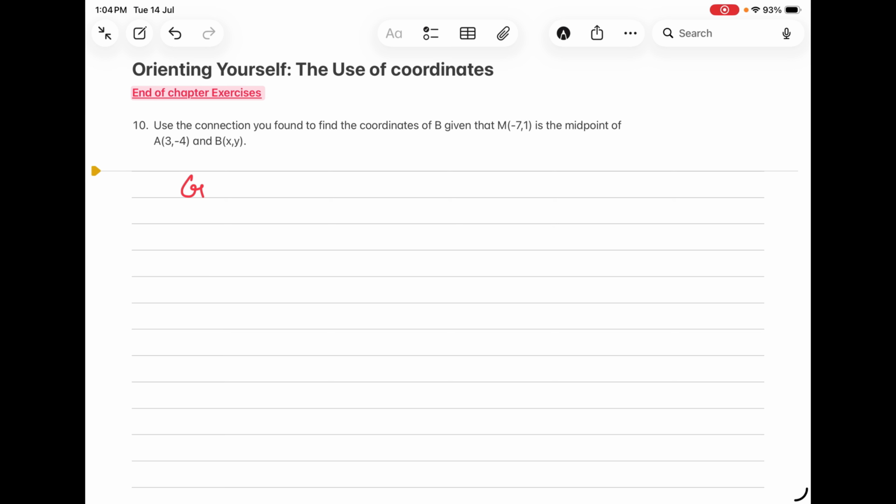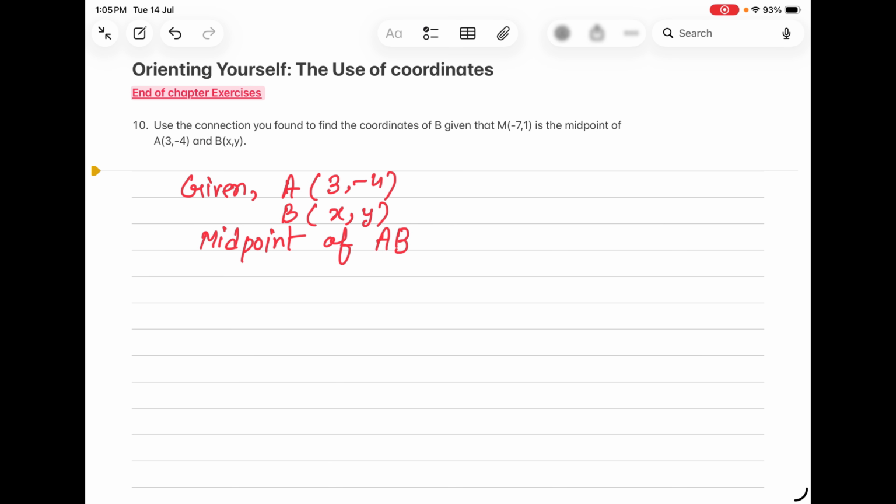So given A, whose coordinates are (3, minus 4), B's coordinates are not given, you have to find them out, and also given M, the midpoint of AB, whose coordinates are (minus 7, 1). You have to find out the coordinates of B, that is x and y.